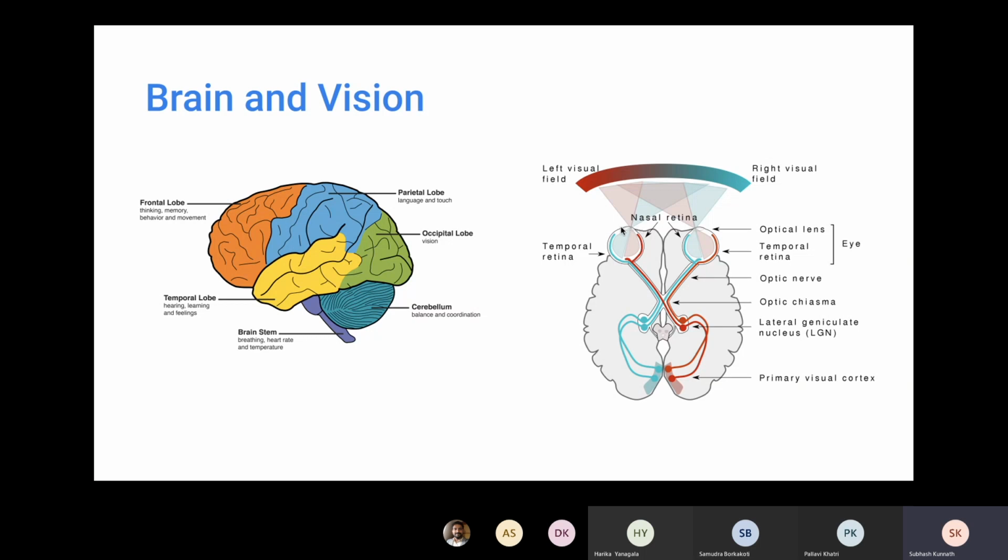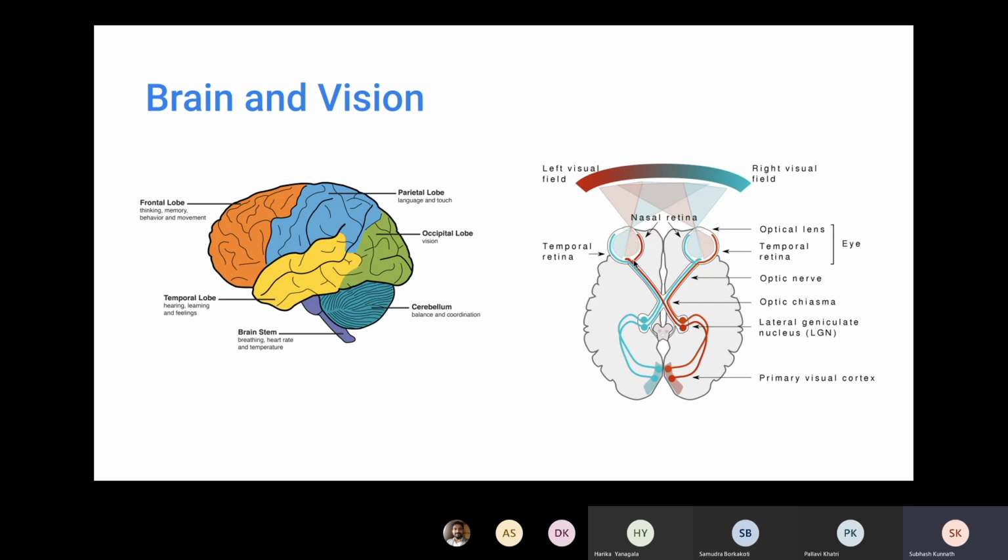There is a flexible lens which can focus light and create an image on this retina, which is then converted to neuronal signals and transmitted to the brain. And this retina has majorly two types of cells.